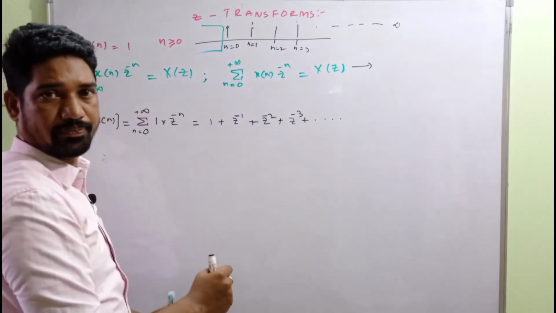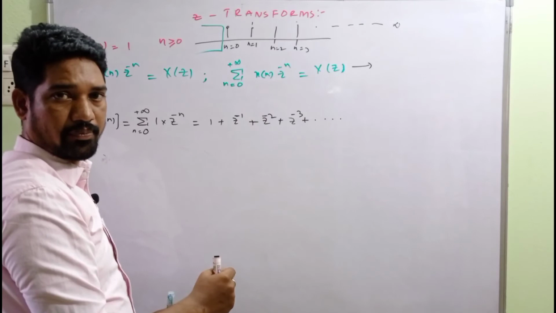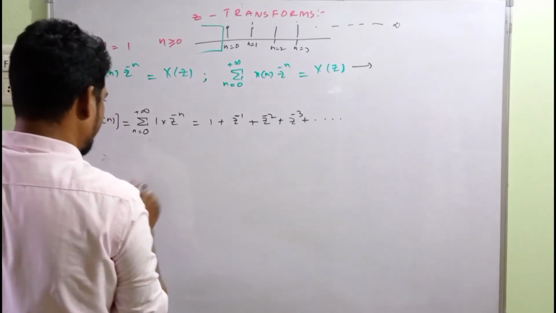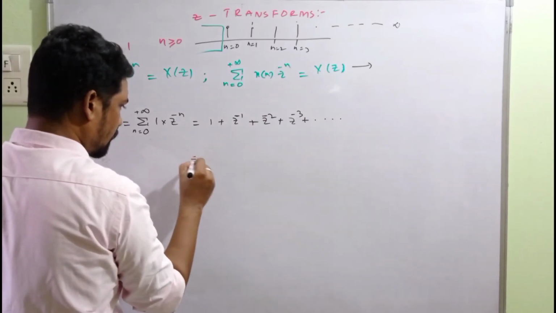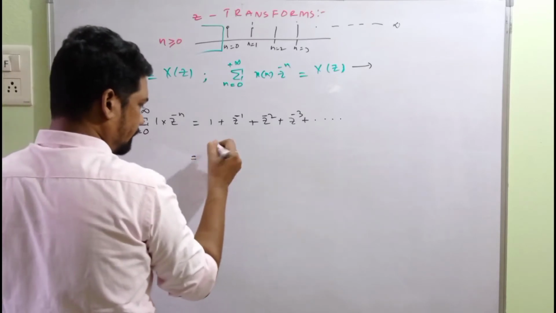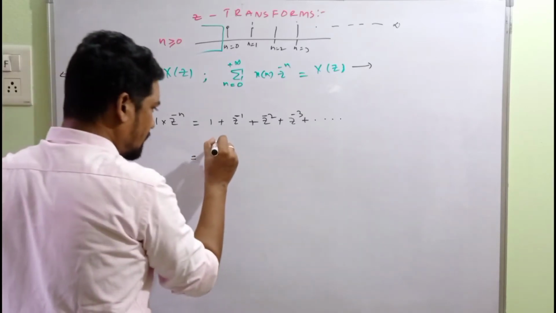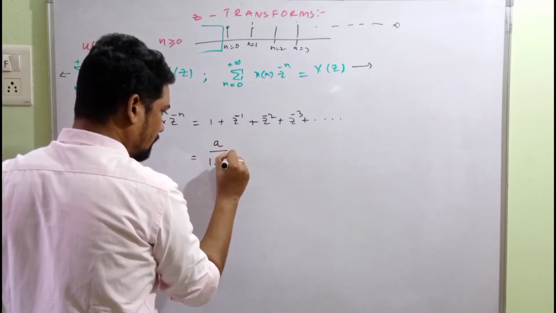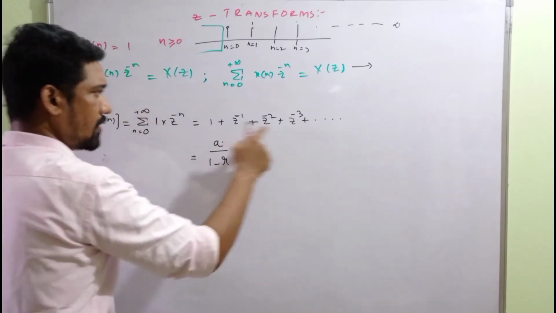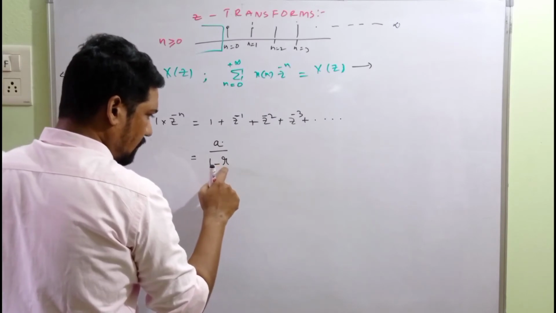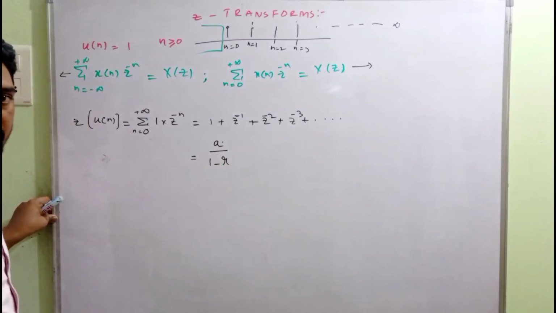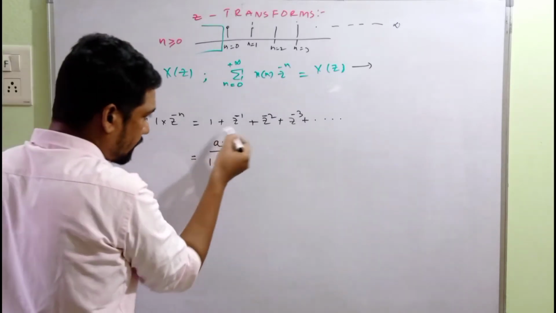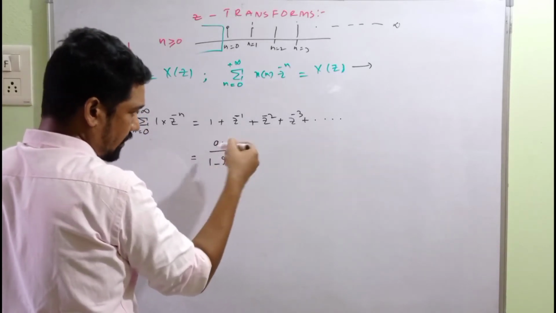So how do we bring it to a standard form? We have a formula, the sum of an infinite geometric series. This could be reduced to a by 1 minus r. What is this a? It's the first term of the series. And what is this r? Focus on that r. It's the ratio between each and every term, the common ratio.